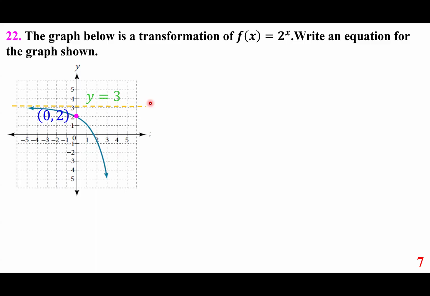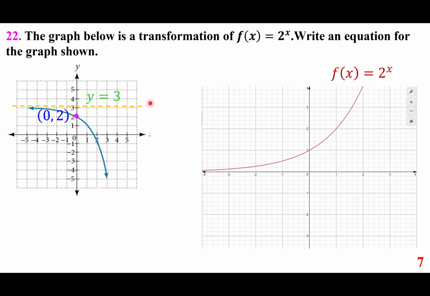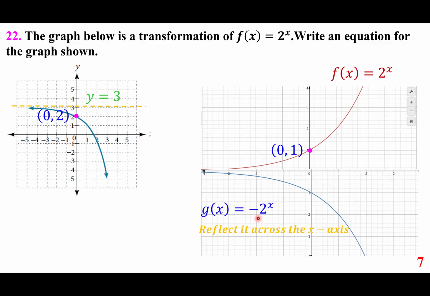So let's start with a graph of f of x equals 2 to the power of x. We know it looks like that, and obviously this one is located at (0, 1). And since this goes down, let's flip this over. So to flip it over, this becomes negative 2 to the power of x, reflected across the x-axis, looking like that.